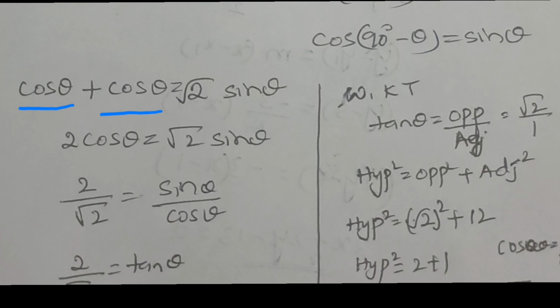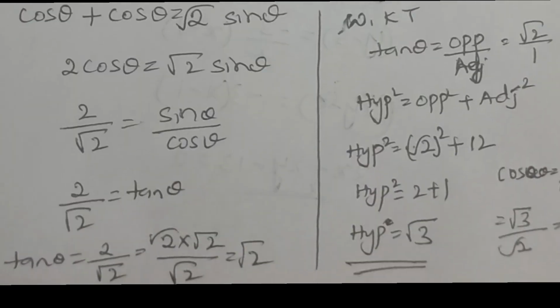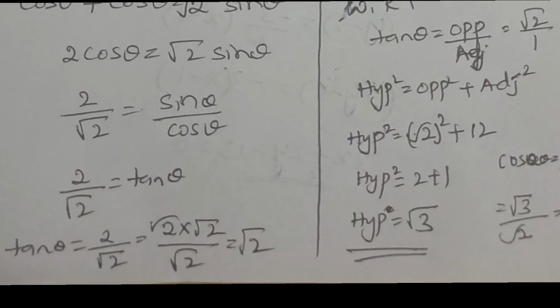So substitute in the above equation. Cos theta plus cos theta is equal to root 2 sin theta. So 2 cos theta is equal to root 2 sin theta. So divide this. You will get 2 by root 2 is equal to sin by cos. So you will get tan theta.